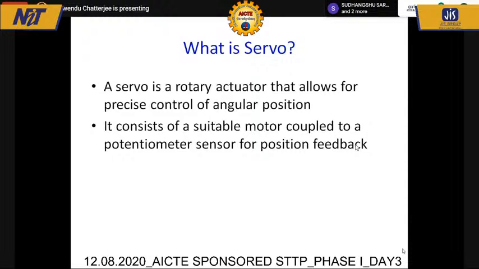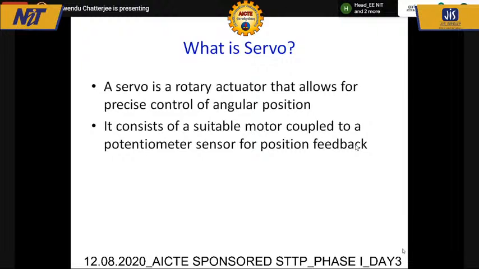Servo is a rotary actuator that allows for precise control of angular position. Whatever angular information I feed into it, it will just go to that position. What is the limit? It is from 0 degree to 180 degree.